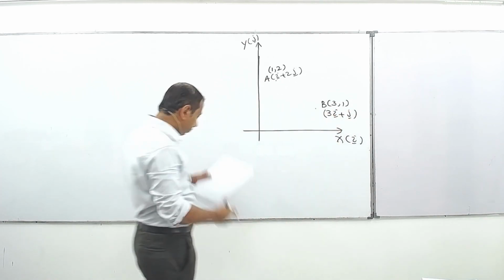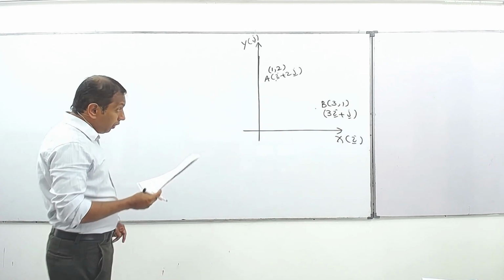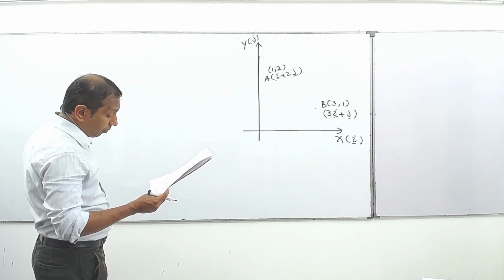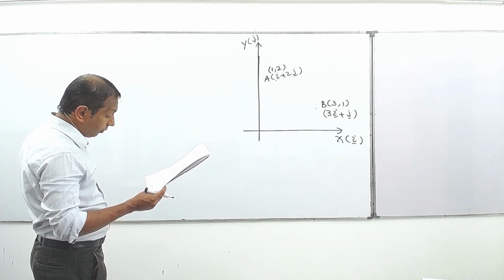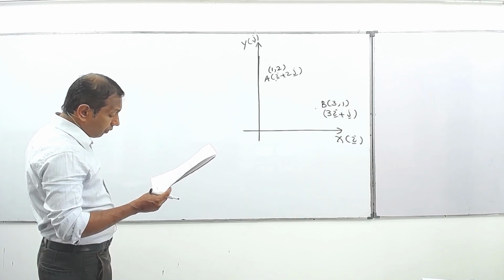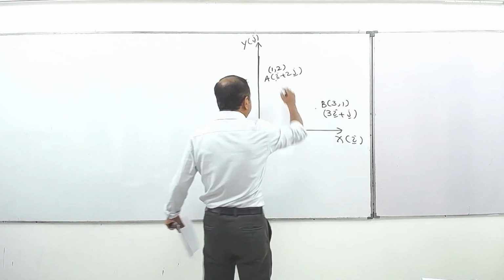3i plus j, i plus 2j. A vector PQ of magnitude 2 root 5 acts in the direction of the vector AB. AB vector we can write.